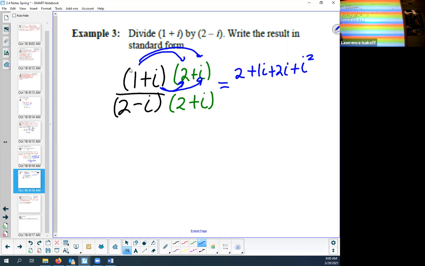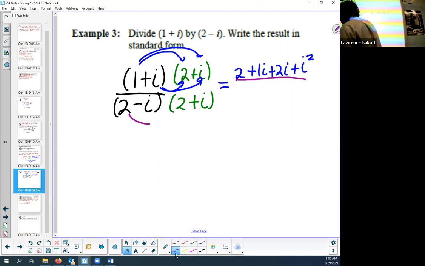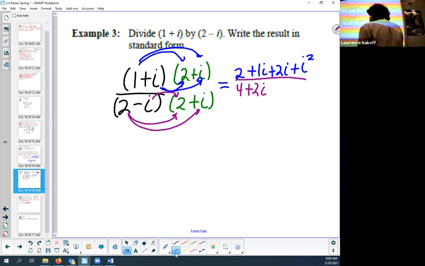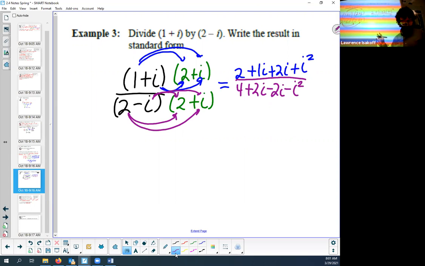Now let's also multiply out the denominator the same way. 2 times 2 is 4. 2 times i is plus 2i. Now do the same thing with the negative i, so it's going to be a -2i. And negative i times a positive i will be -i squared. Any questions about this so far?